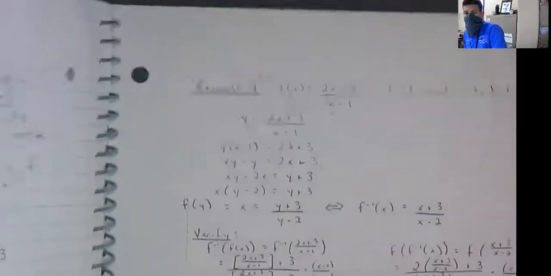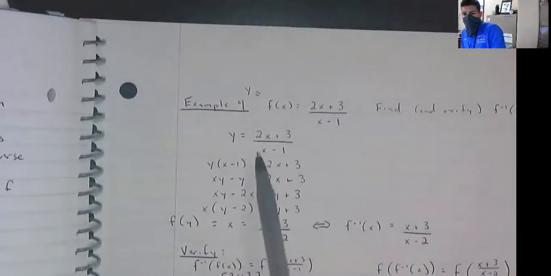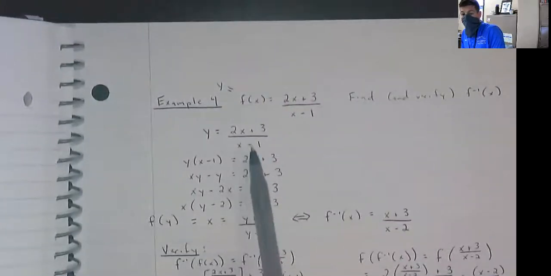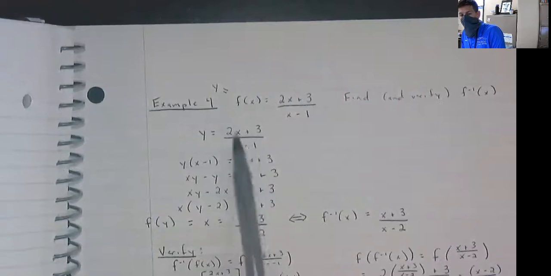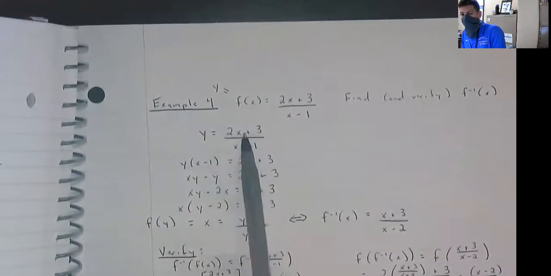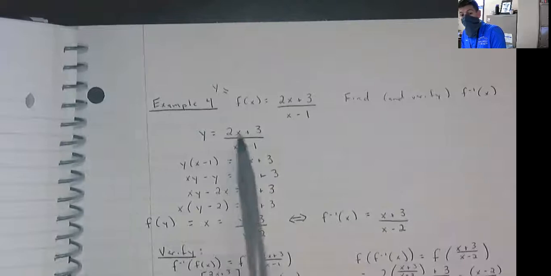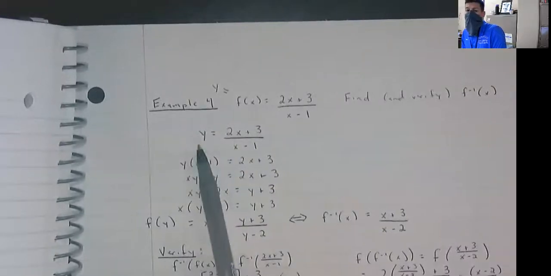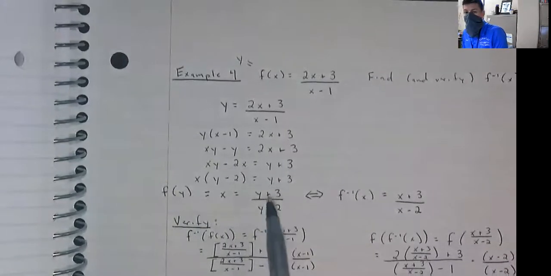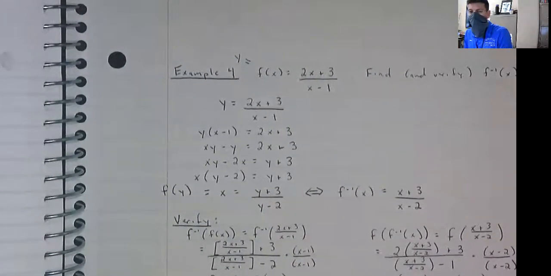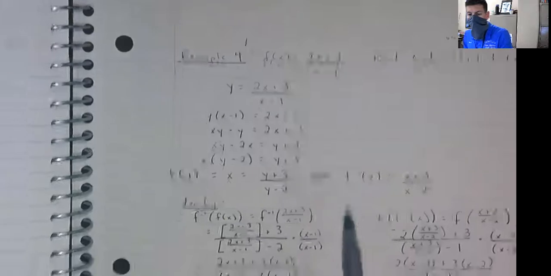Believe me, you can go back to example 4. We use this method where instead of swapping our variables like we did in algebra 2, we actually just solve for x, because the inverse needs to undo all the stuff that has been done to x to give us y, so that we can then get x given the y, because we have this undoing relationship in our inverse.